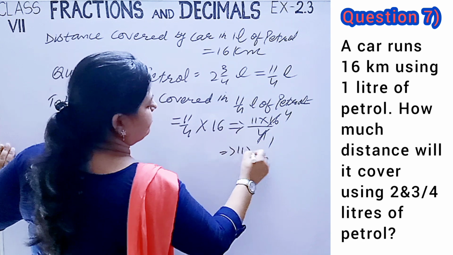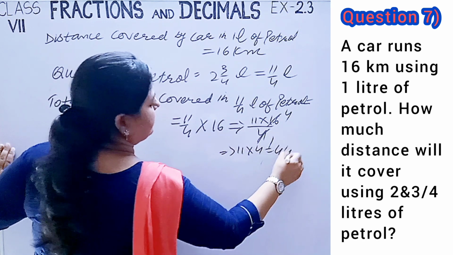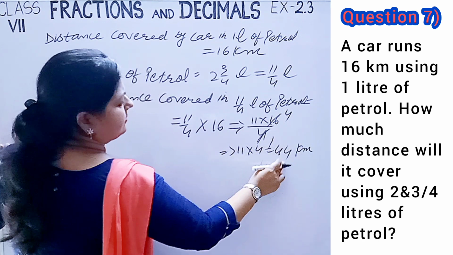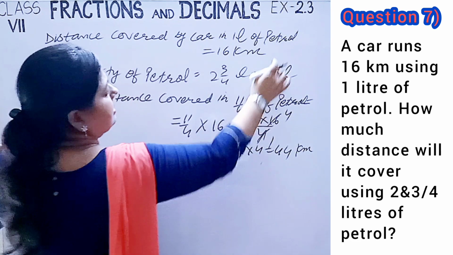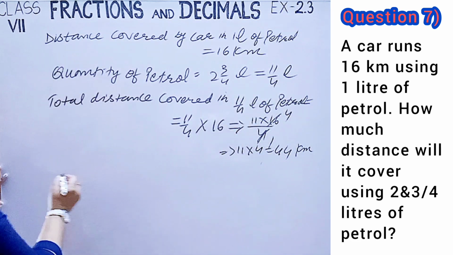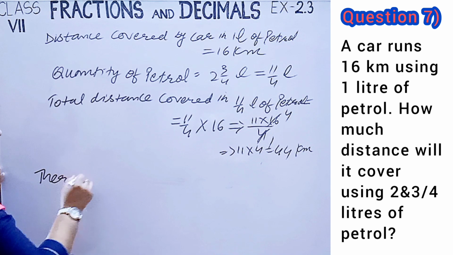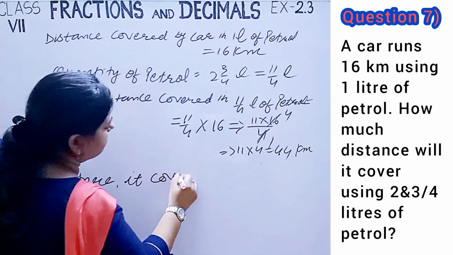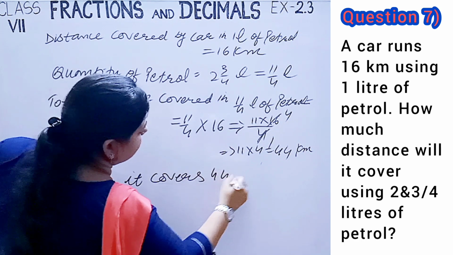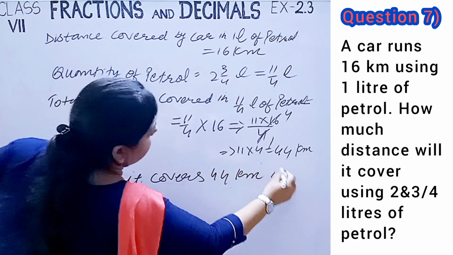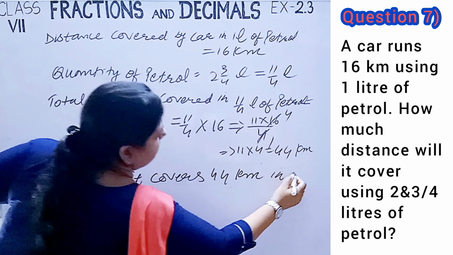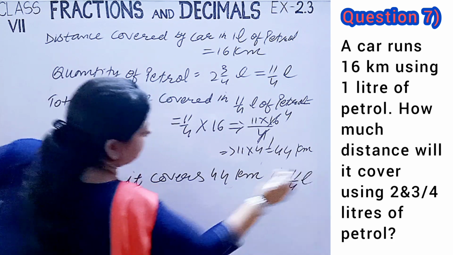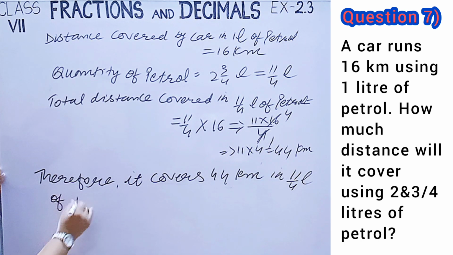So 11 into 4, 44. It means it will cover 44 kilometer in 11 by 4 liter. Therefore, it covers 44 kilometer in 11 by 4 liter of petrol. Answer.